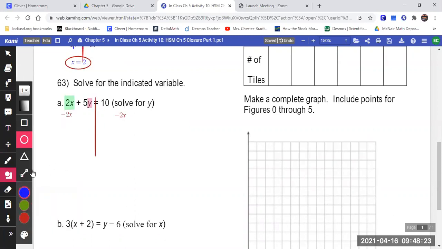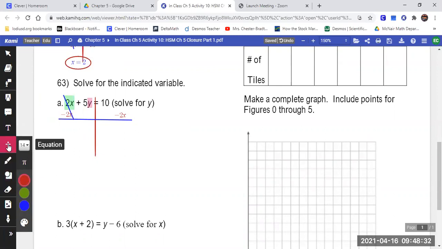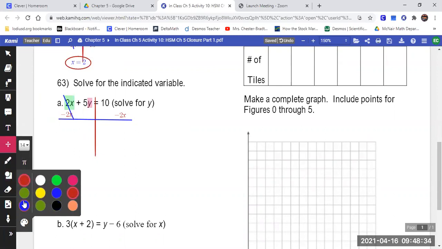Okay, that means that the 2x minus the 2x is now 0, right? It's gone. What's left on the left-hand side, now that that 2x is gone?